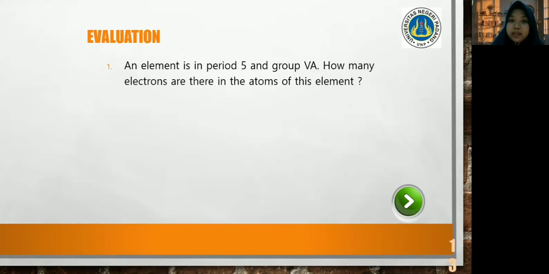An element is in period 5 and group 5A. How many electrons are in the atoms of this element? We can see the answers, and I will choose one and see whether it is correct or false.